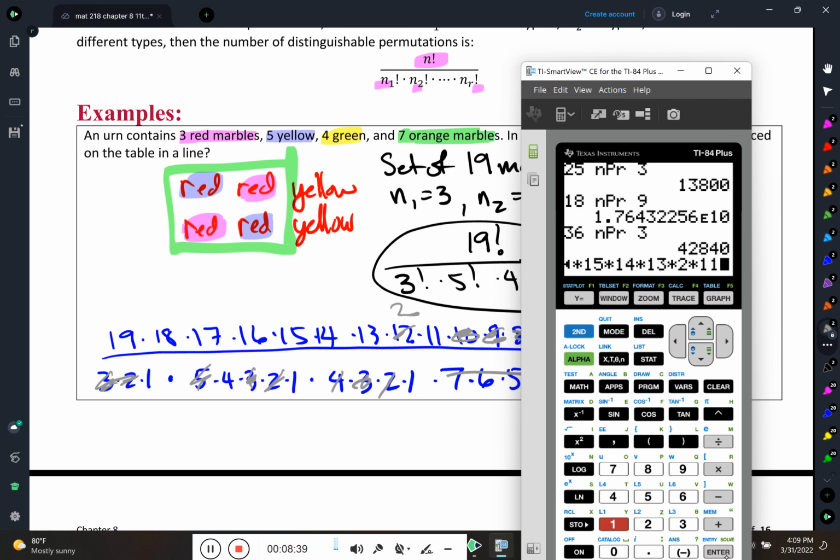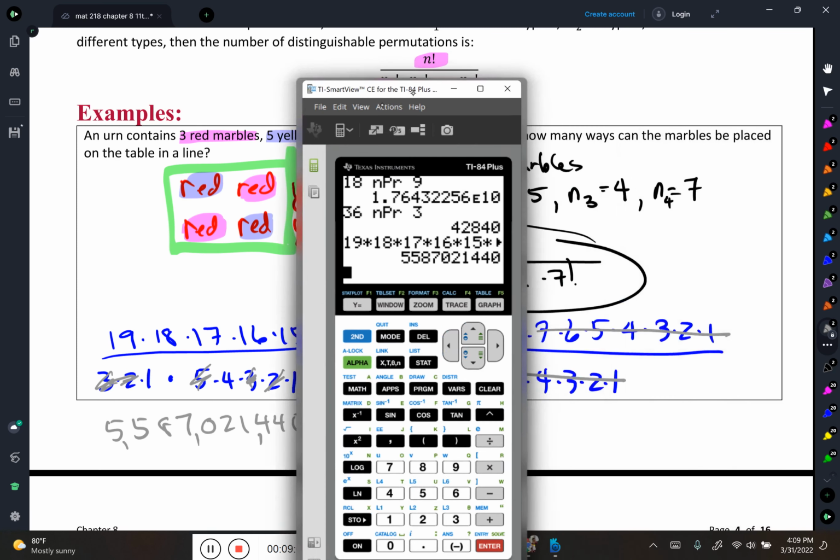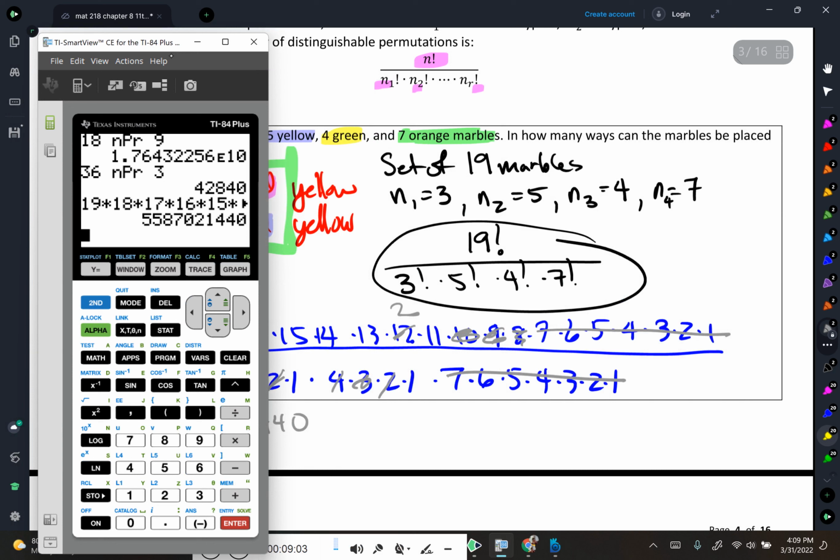If I did all that simplification, or that big number right there, 5, 5, 8, 7, 0, 2, 1, 4, 4, 0. So 5,587,021,440.